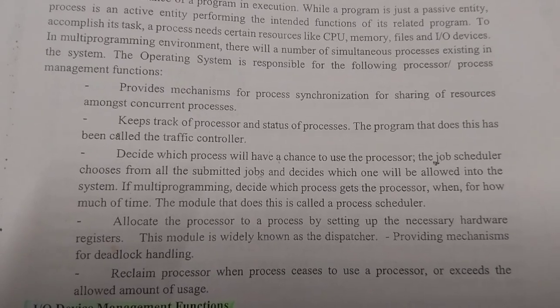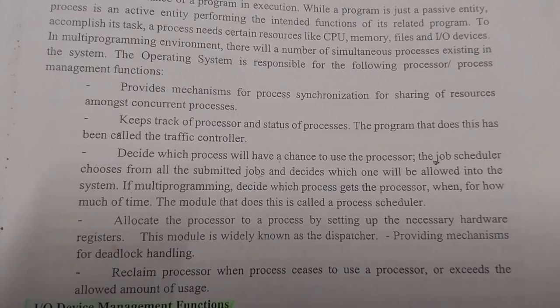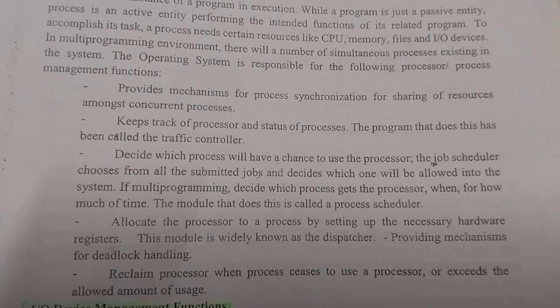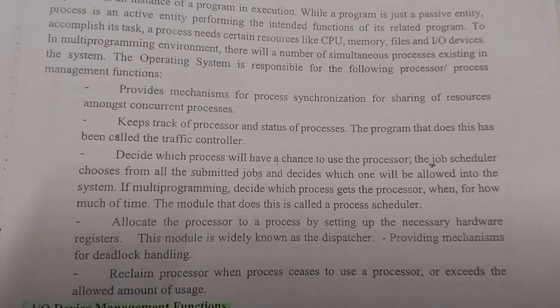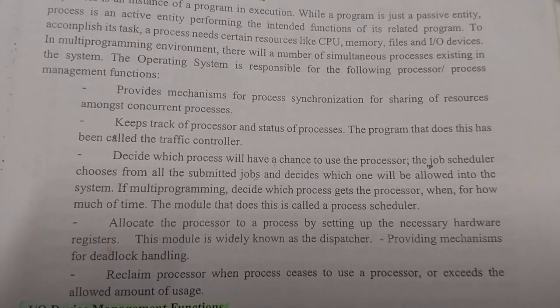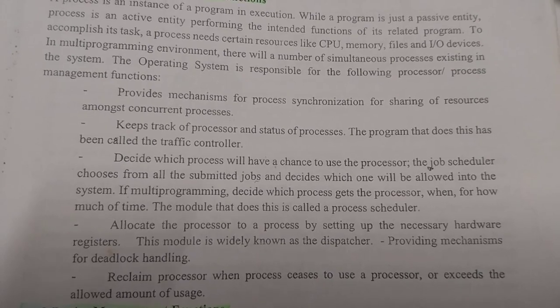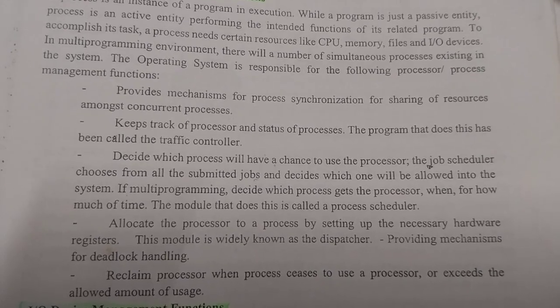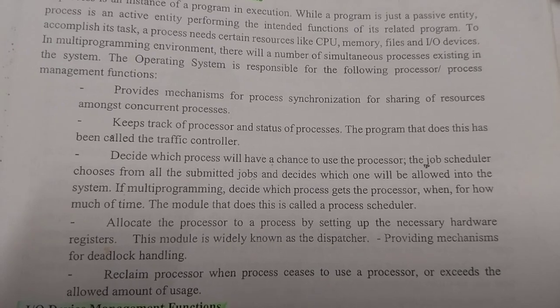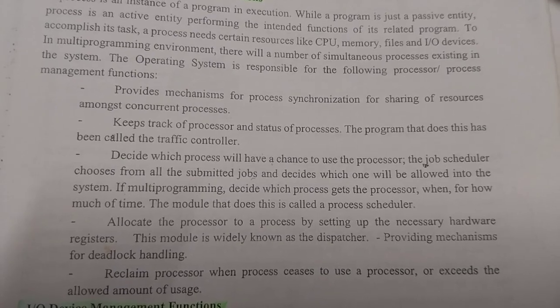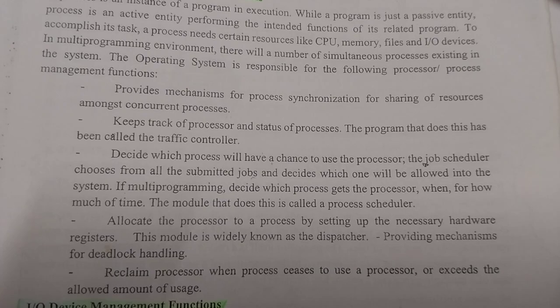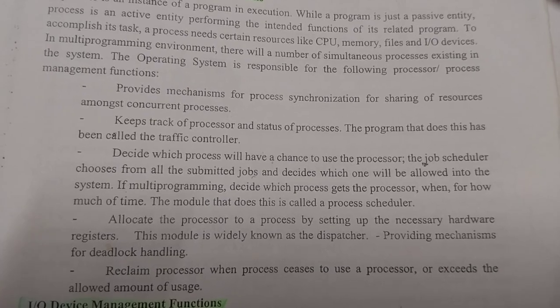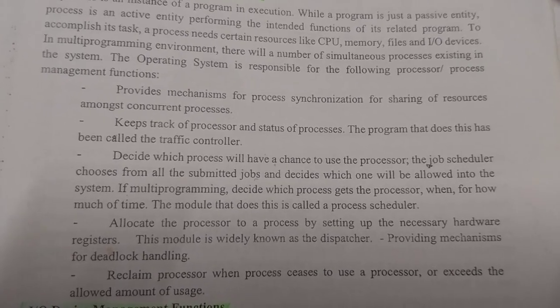Allocate the processor to the process by setting the necessary hardware registers. This module is widely known as the dispatcher. Provide mechanisms for deadlock handling. Reclaim the processor when the process ceases to use it or exceeds the allowed amount of usage.